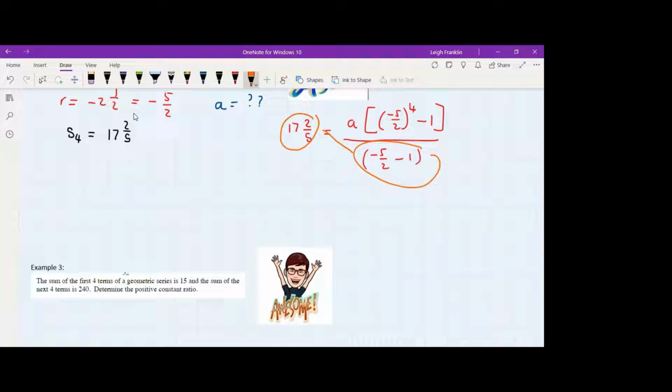So on your calculator, press Shift, press the fraction button, and you will end up with that. Then you can put the 17 in here, the 2 there, the 5 there, and then press times, press bracket, minus 5 over 2 minus 1, because you want that to be calculated first, press equals, and you should get minus 609 over 10.